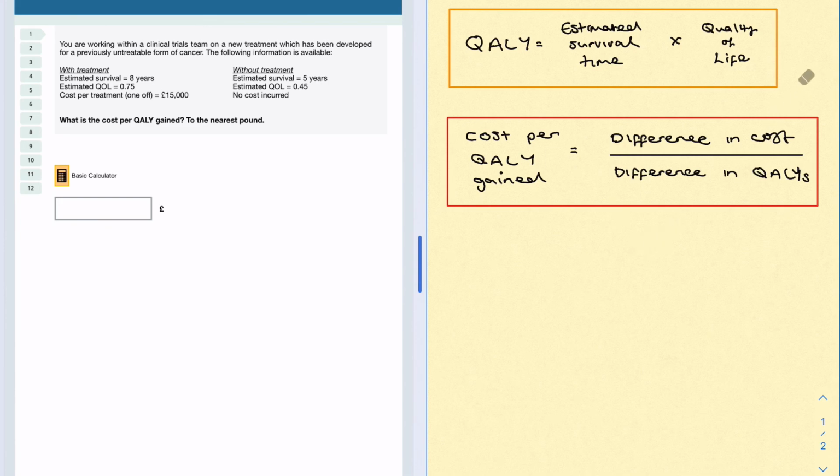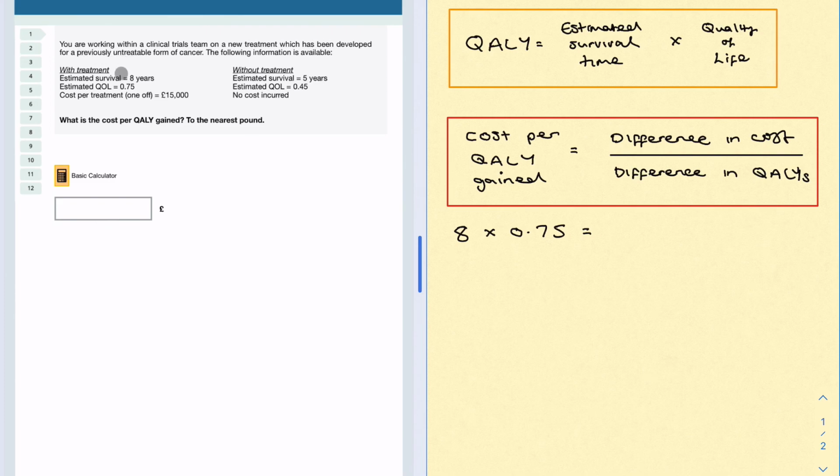So if you've paused it and you've played it, let's begin. The first step we're going to do is, from our question, we're going to look at with treatment and we're going to calculate the QALY. So we know that the estimated survival time is 8 years. So it would be 8 times the quality of life, which is 0.75. Now, be aware that there can be variations in questions.